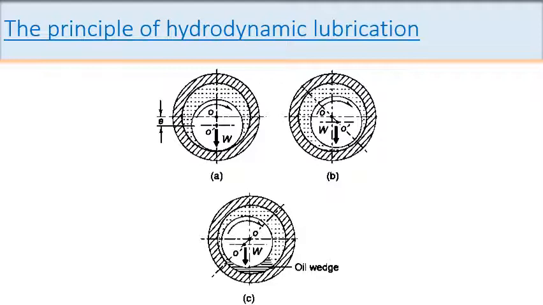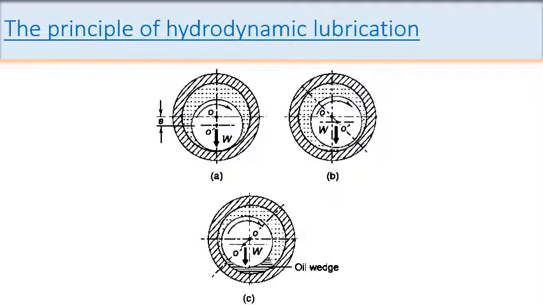Since more and more lubricant or oil is forced into this wedge shaped clearance space, pressure is generated within the system. Since the pressure is generated within the system due to the rotation of the shaft or journal, this type of bearing is also called a self-acting bearing.